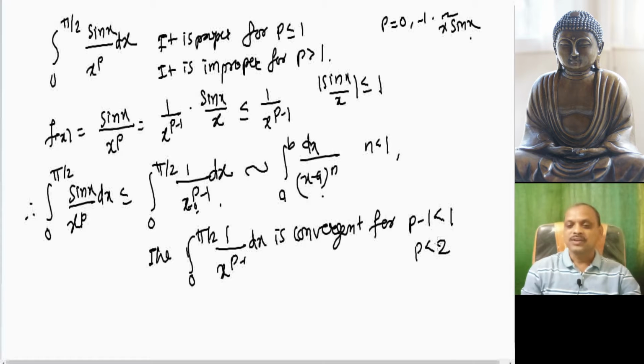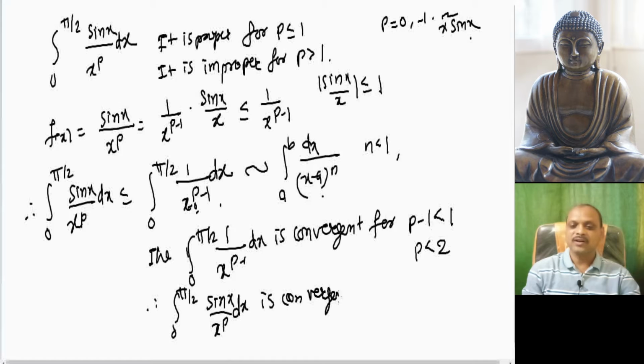So therefore the integration 0 to pi by 2 of sin x divided by x raised to p into dx is convergent for p less than or equal to 1, and we have seen that it is convergent for p less than 2.